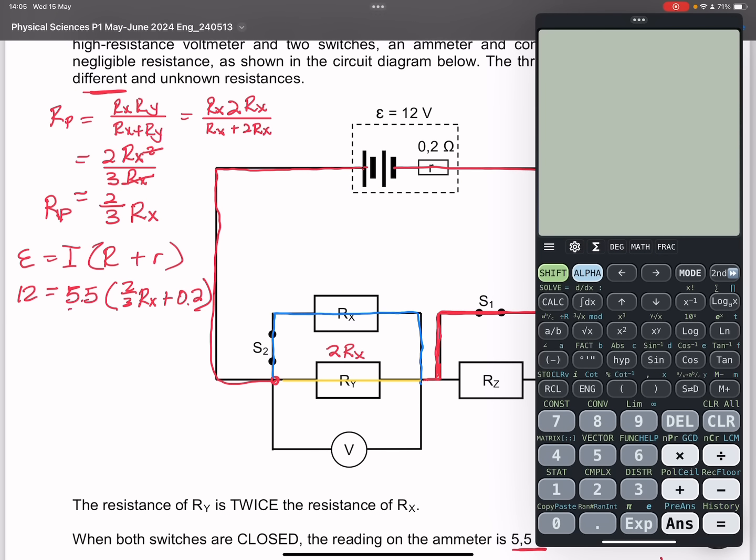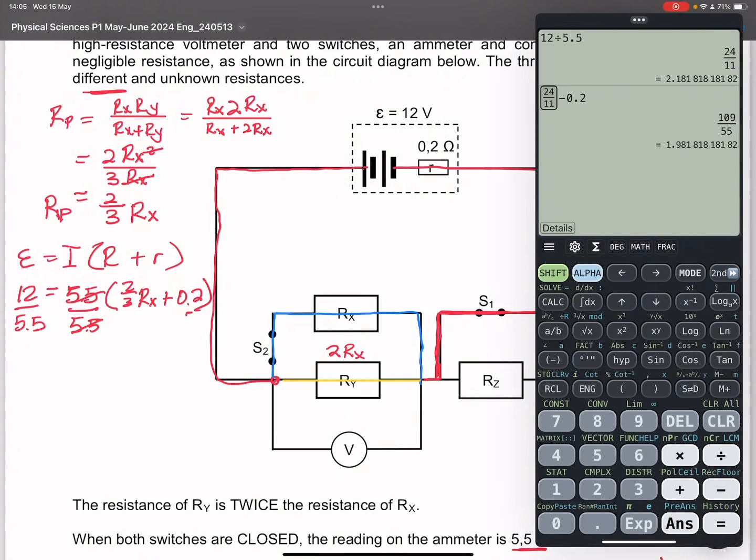So I'm going to divide both sides by 5.5, and I'm going to subtract the 0.2. So this is going to be 12 divided by 5.5, and I'm going to subtract the 0.2 for the internal resistor.